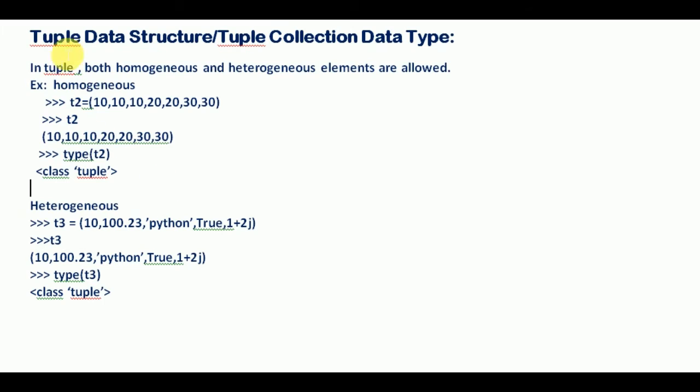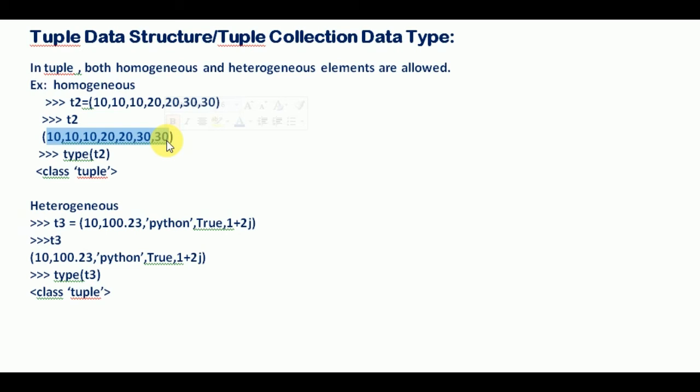Next, in a tuple both homogeneous and heterogeneous elements are allowed. In a homogeneous tuple only one type of values is allowed at one time. Here we have only decimal values.